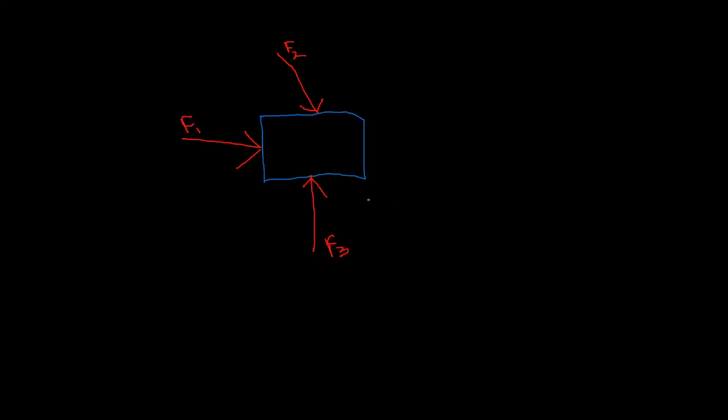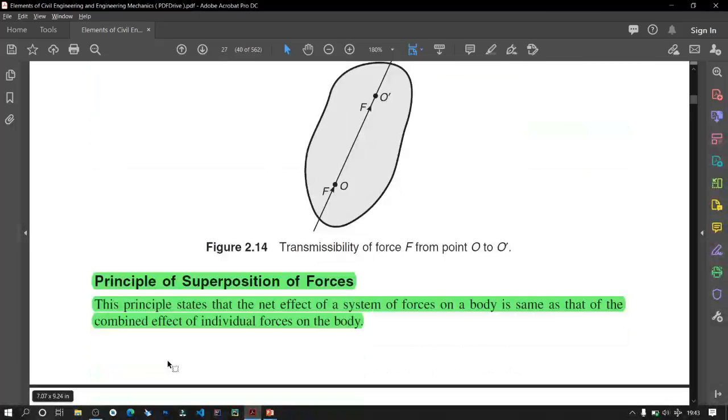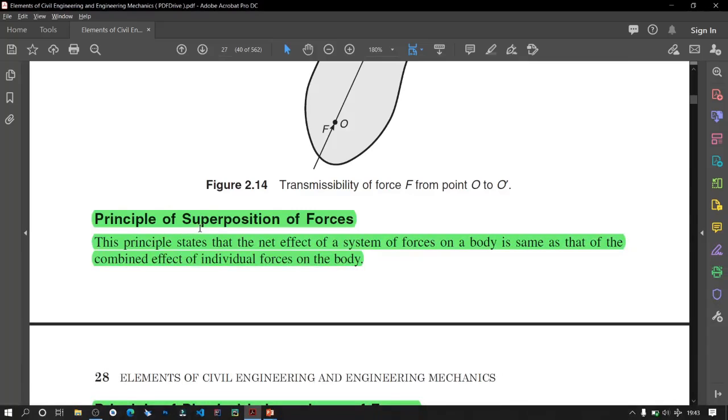Let me review the principle once. This principle states that the net effect of a system of forces on a body is the same as the combined effect of the individual forces on the body.